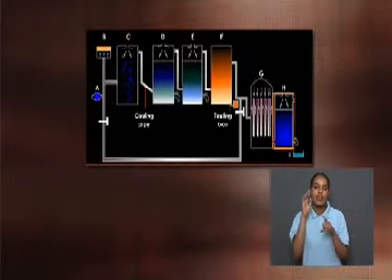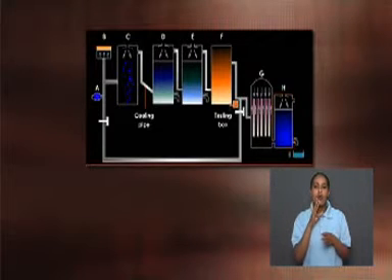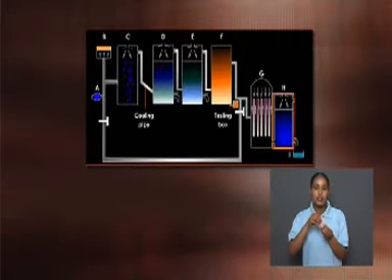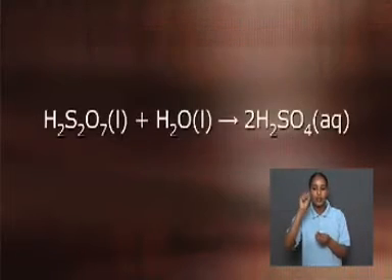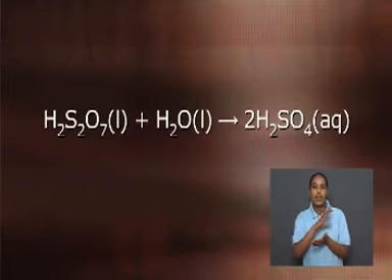In the fourth step, water is then added to the pyrosulfuric acid to produce a pure and aqueous solution of sulfuric acid. Now we know how sulfuric acid is produced. Let us discuss some of its uses.